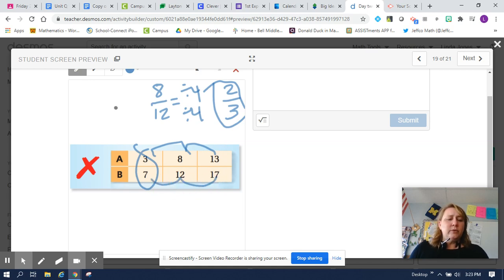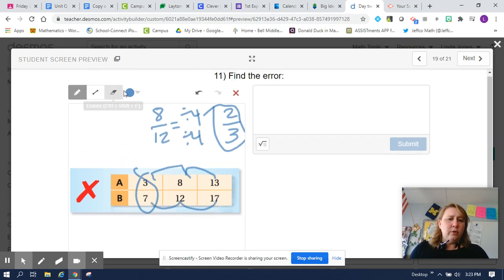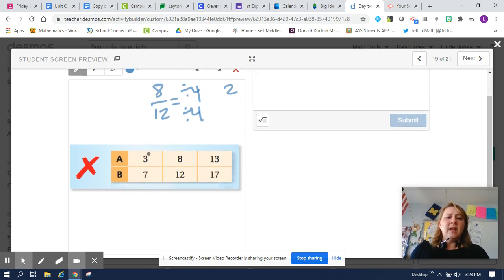Let's just show you what I'm talking about. In order to get from 3 to 8, I actually have to multiply by 8/3. If I multiply 3 over 1 times 8 over 3, I get 24 over 3, and when I simplify, that equals 8.